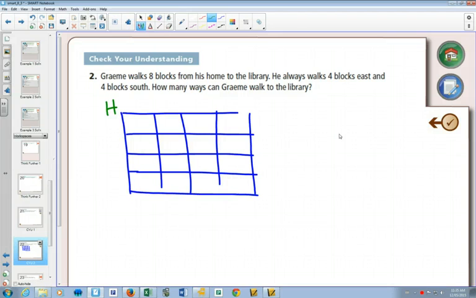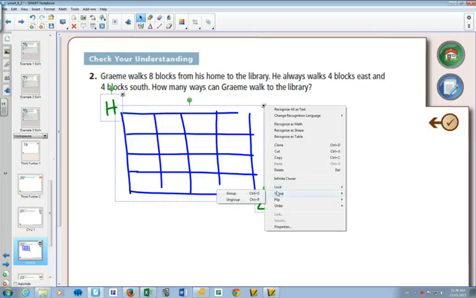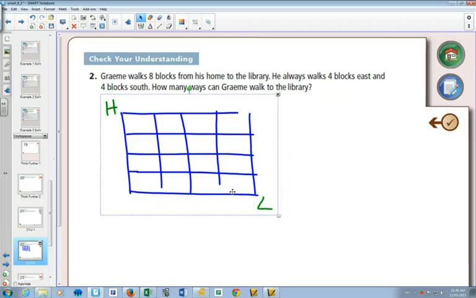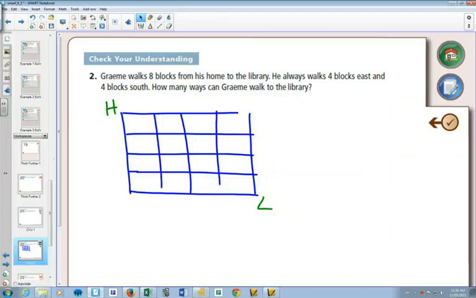He's got to go south and he's got to go east, so the library is down over here. Okay? Is that nice? Perfect. Okay.